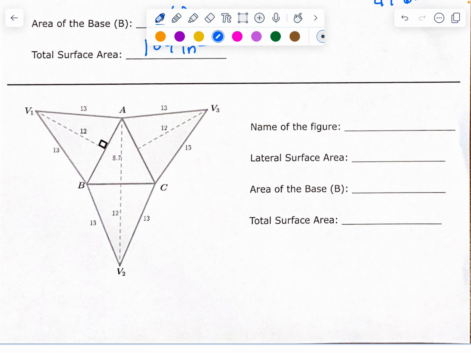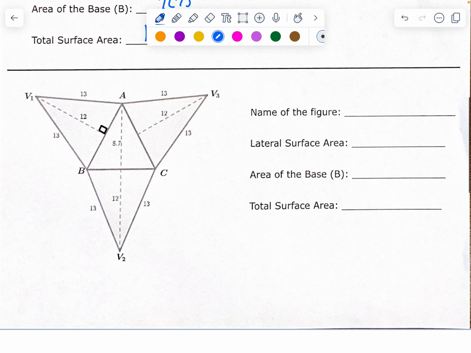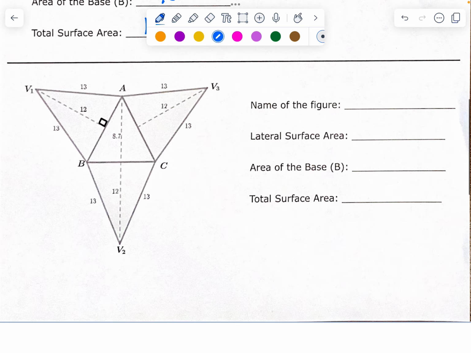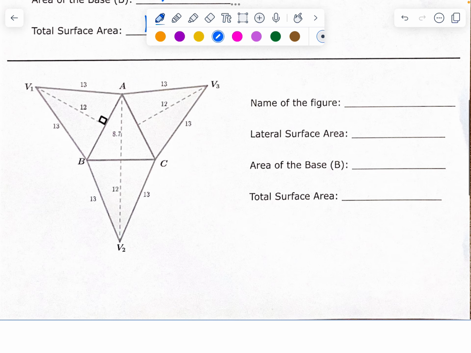On this one, you're going to have to start looking for some hidden Pythagorean theorems. Also, this guy right here is called a perpendicular bisector, and it comes from the apex of the triangle perpendicular to the side, and it also splits the side in half.